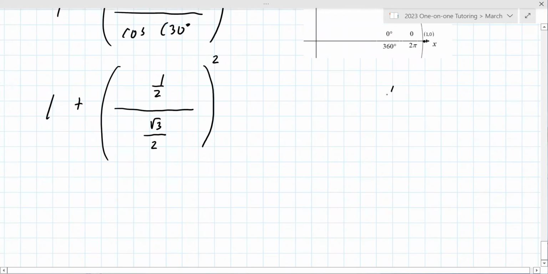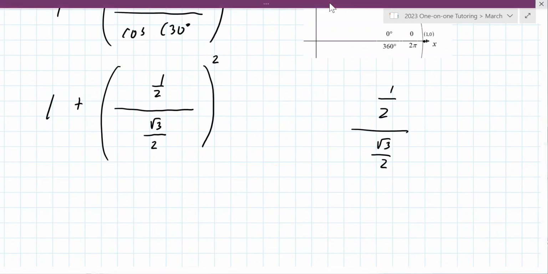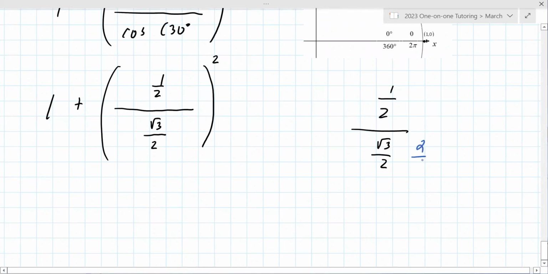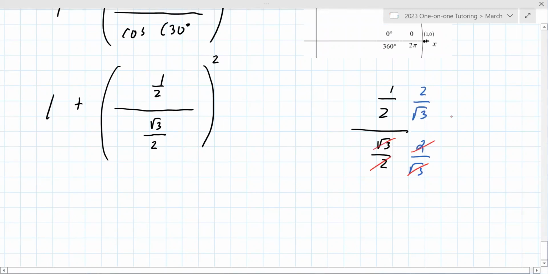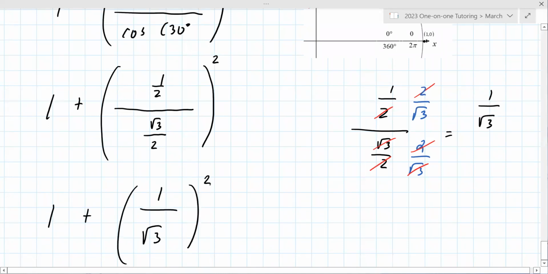When you have a fraction on the bottom like this, you multiply by the reciprocal. On the bottom, everything cancels. On the top, the 2's cancel. So it ends up being 1 over the square root of 3. Is that clear? Yeah, that's clear. Good. So that's everything inside parentheses. So the square root of 3 squared.